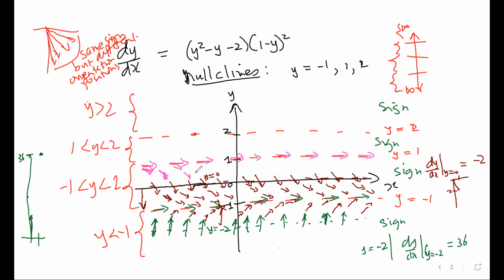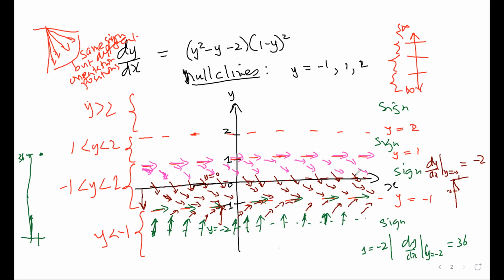So it goes from somewhat flat to steep, somewhat flat to steep, repeatedly. That's how the solutions will behave between -1 and 1. The slopes change orientation from somewhat flat to steep, and then flatten out again.